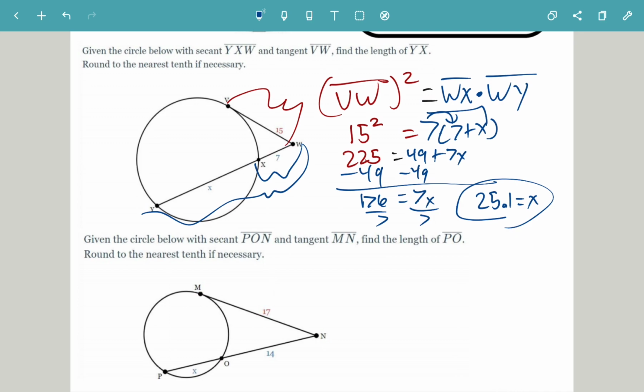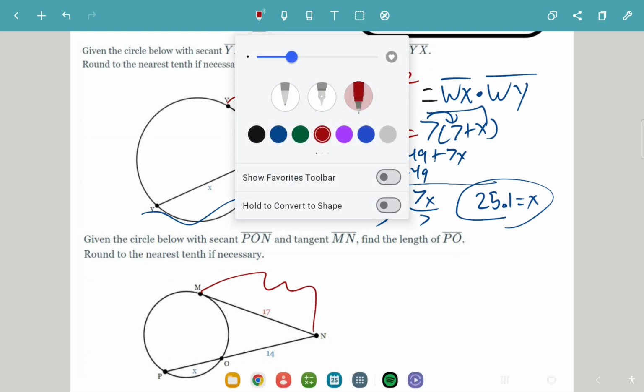Go ahead, try this bottom one on your own. Pause the video if needed. And I'm going to start it now. So we have a secant PON and tangent MN. We want to find the length of PO.